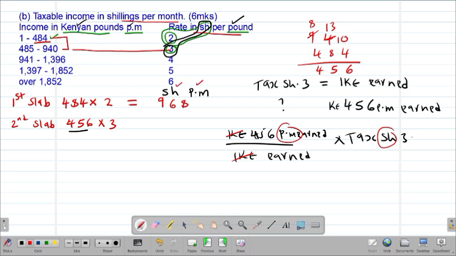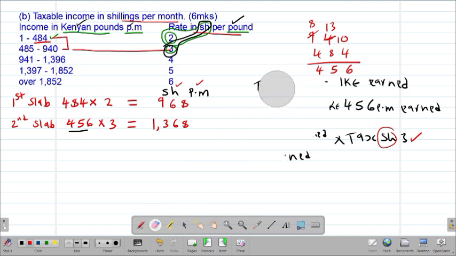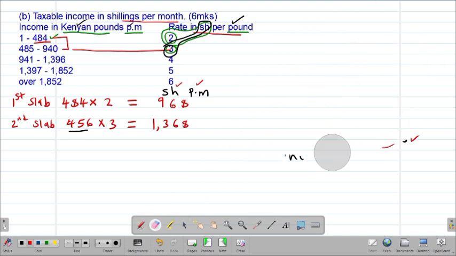Then of course the 456 is supposed to be multiplied by 3. So you take 456 multiplied by 3. Your calculator should give you 1,368 shillings. So it means that in the remaining brackets, we're going to repeat the same process.